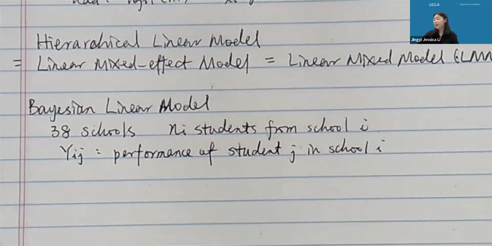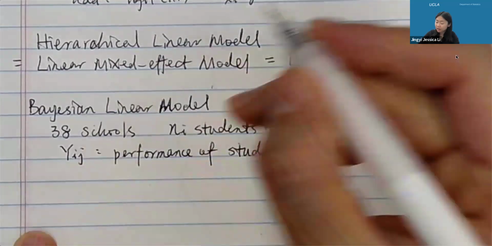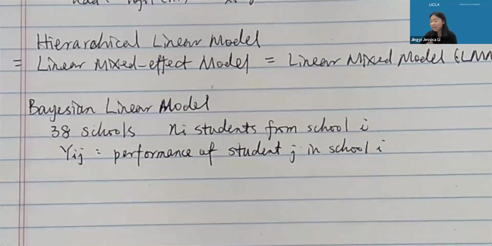We don't need X_ij because we know that for the student, the school is i. We know that already.